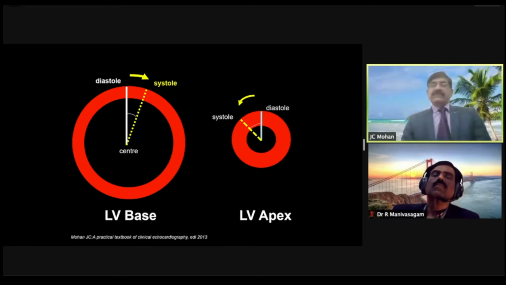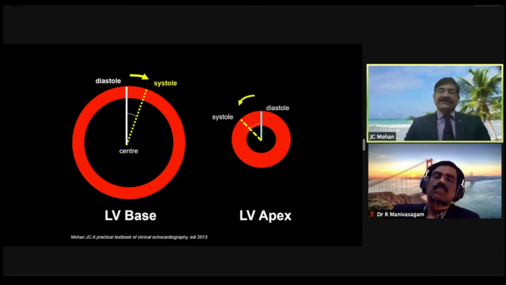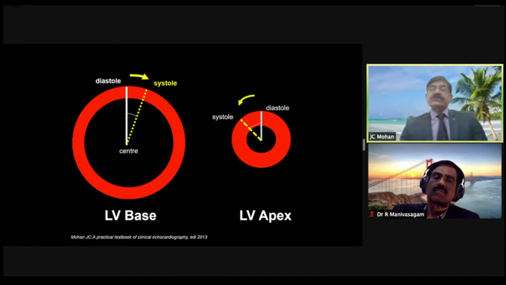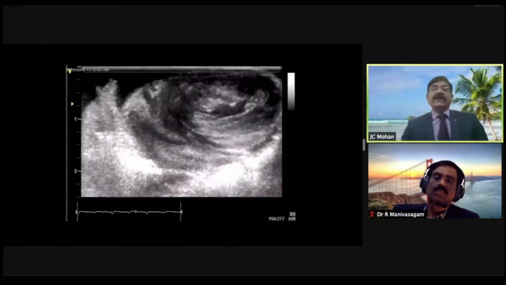The difference in the two angles is called twist or torsion. To be called torsion exactly, the numerator has to be the angle difference and the denominator has to be the length of the left ventricle in diastole. But when you only call it an angular motion, you can just mention the angle per se without correcting it against the length of the left ventricle.